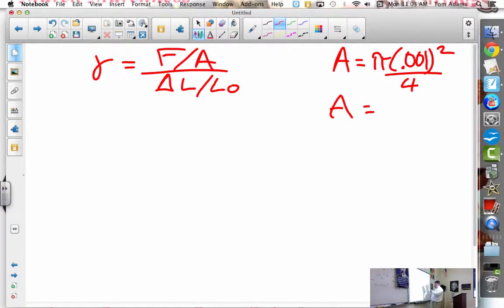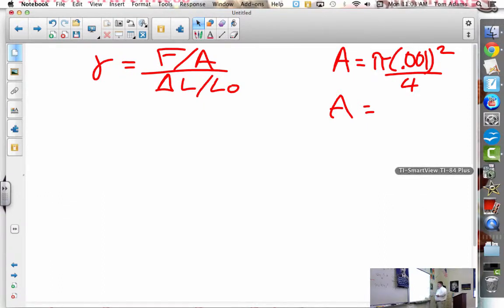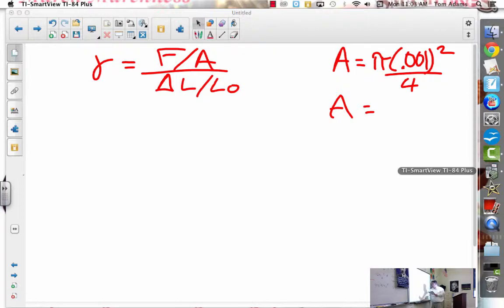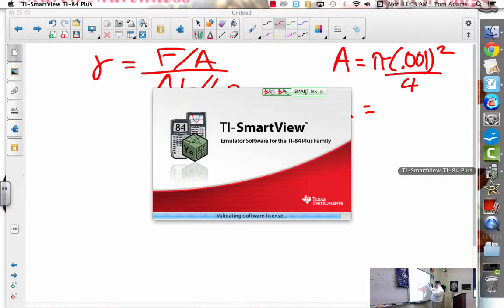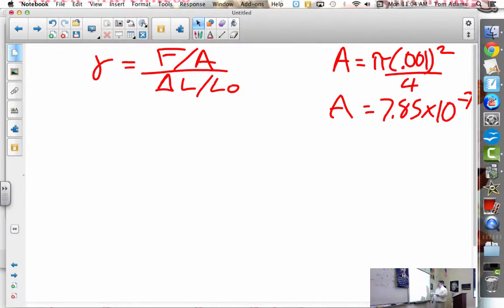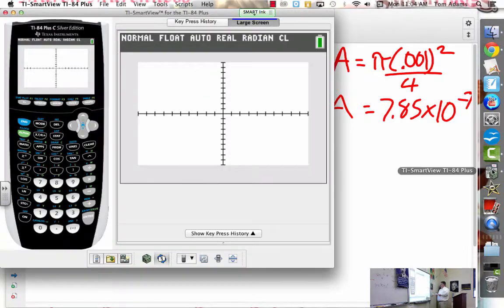If I plug that in my calculator, which I'm going to do in just a second, I'll find out that that is actually 7.85 times 10 to the negative 7. Okay? And that would be meters squared because it's an area.